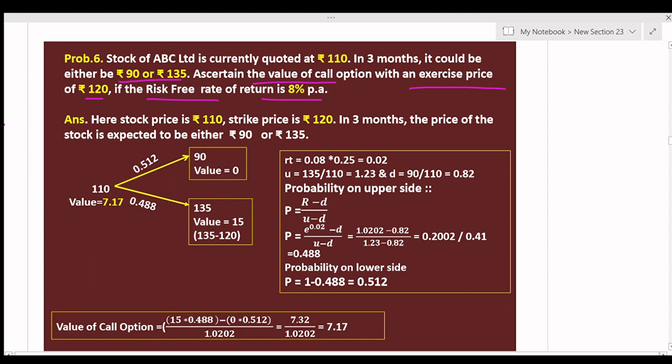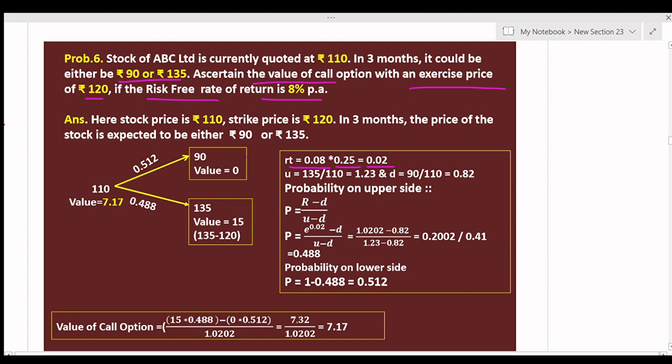Now here time is given, T is equal to 3 months, R is equal to 0.08. So you find RT is equal to 0.08 into 0.25, which is 2%, 0.02.